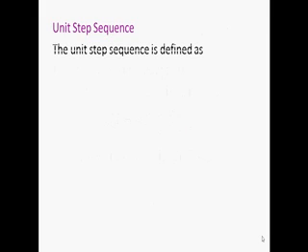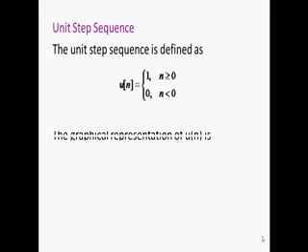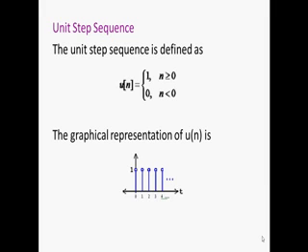The unit step sequence is defined as u of n equal to 1 for n greater than or equal to 0, and 0 for n less than 0. So in the graphical representation of u of n, when n is greater than or equal to 0, the value is 1. For all other values, the value is 0.